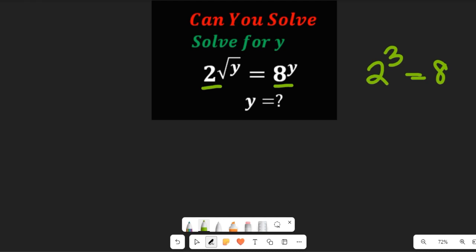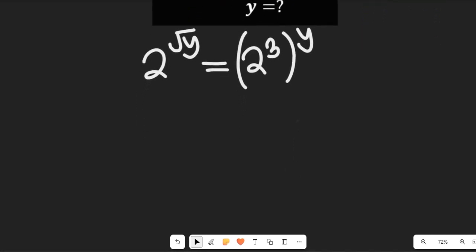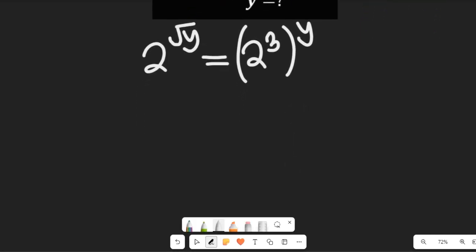Great. So we're going to have 2 to the power of square root of y equal to 2 to the power of 3 multiplied by y.